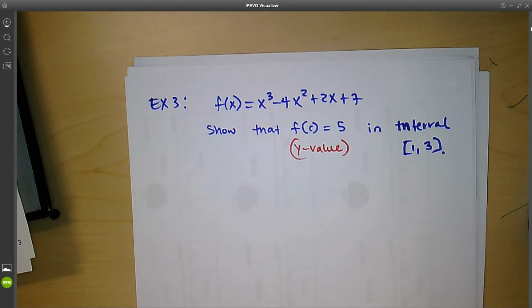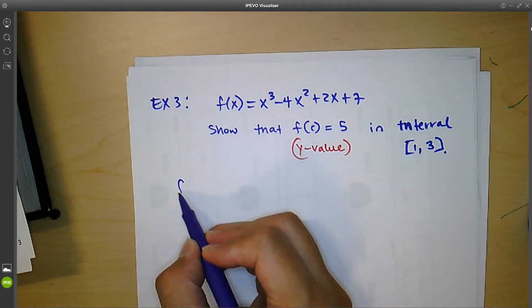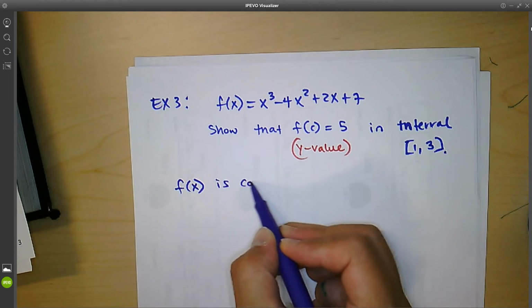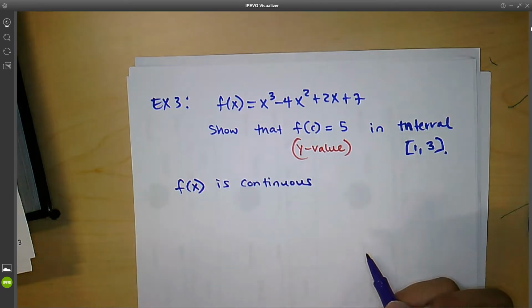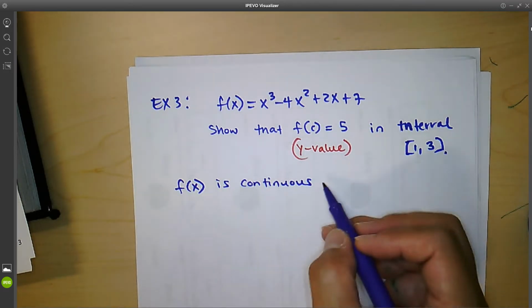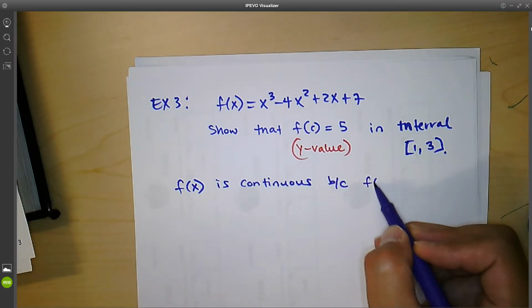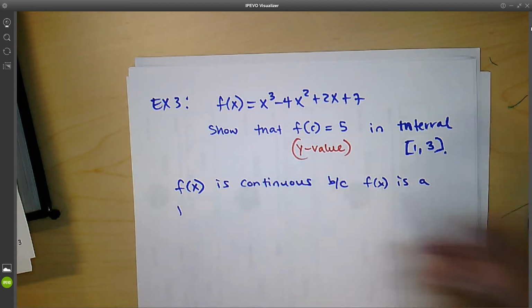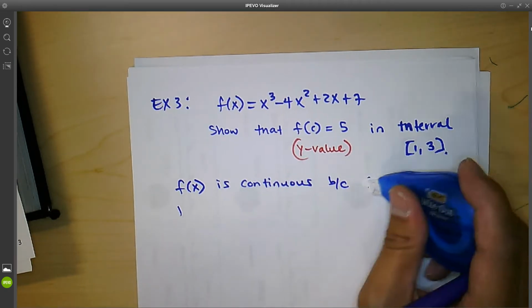Okay, so we have to make sure we meet all of the conditions of the intermediate value theorem. First thing you want to write down: f of x is continuous. How do you know? It's a polynomial, and all polynomials are continuous.